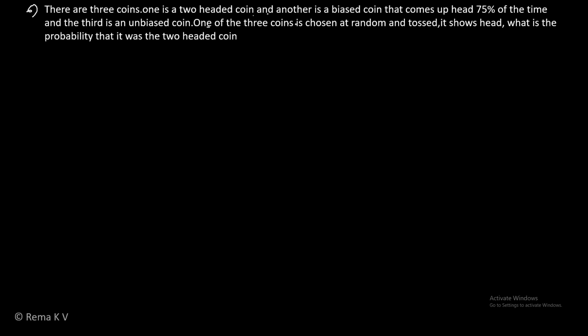See, one of the 3 coins is chosen at random and tossed, and it shows head. What is the probability that it was the two-headed coin? It was the two-headed coin.